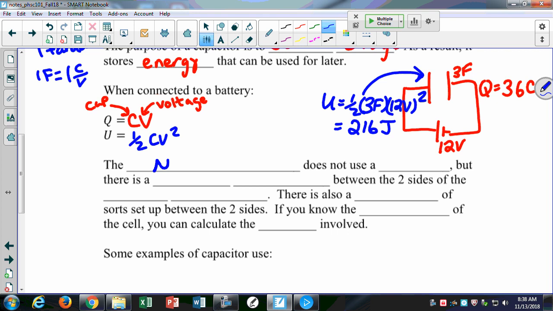All right. So the sodium-potassium pump, that's like the battery of our cells, does not use a capacitor, per se, but there is a potential difference between the two sides of the cell membrane.